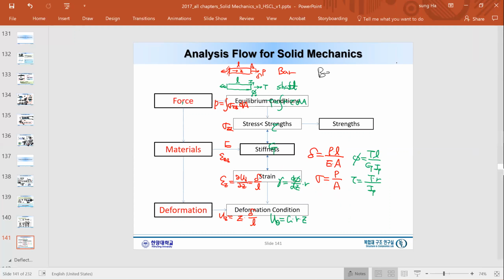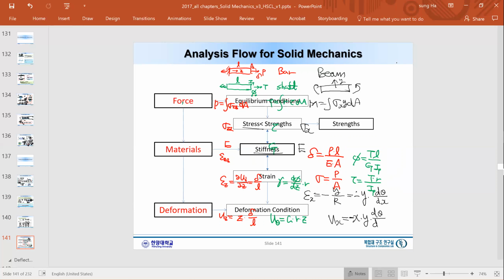Now we have a beam like that, and so the moment will be the integral of sigma x times y dA, where sigma x is the stress, and the stiffness is E, and the strain is epsilon x, given as minus y over r, equal to minus y times d theta dx, and ux is simply minus x times y times d theta dx.